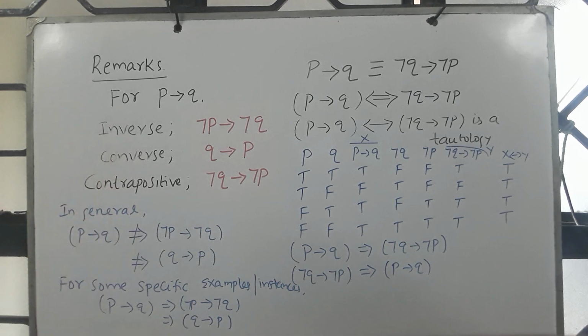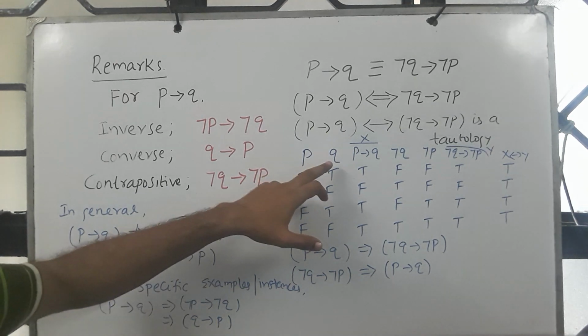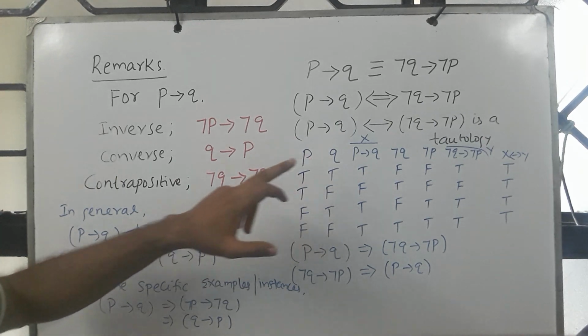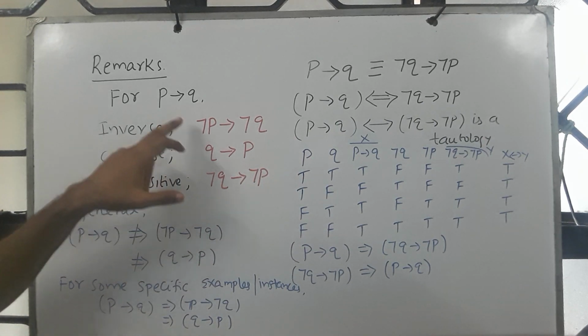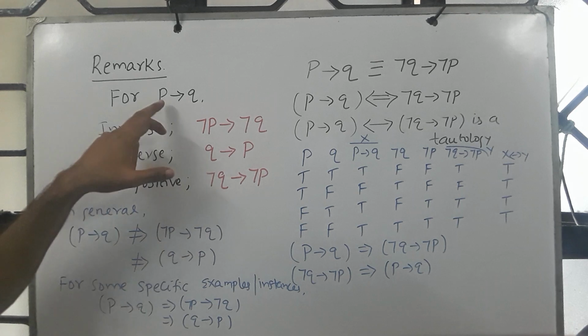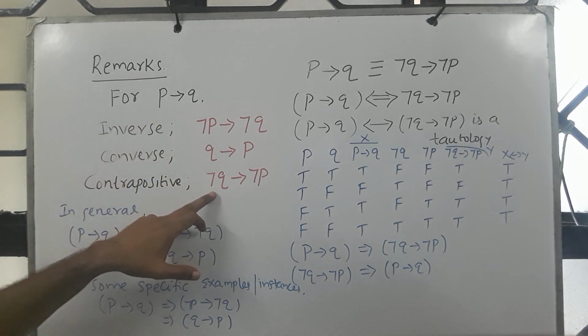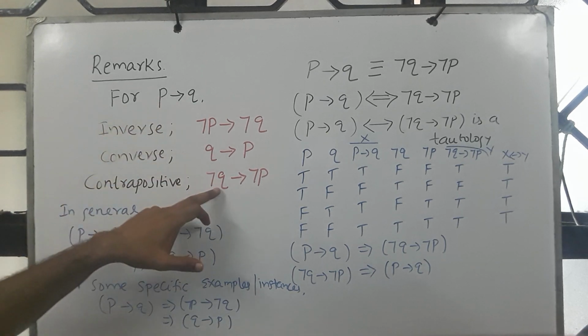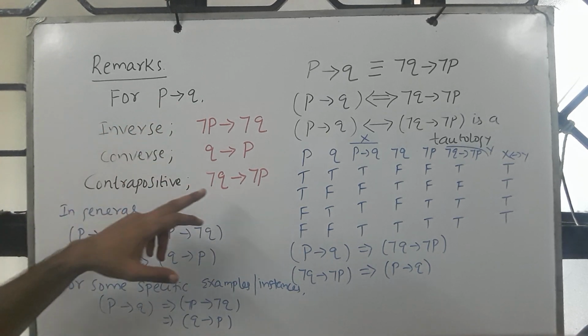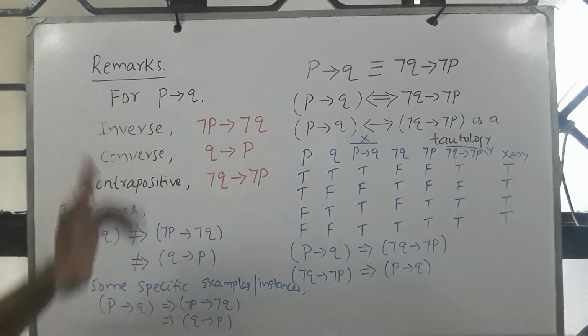One can do it for specific examples, instances, but not in general. Which means if P and Q are arbitrary, can I always say inverse follows from this and converse follows from this? Answer is no. Whereas contrapositive, for any P and Q, P imply Q implies this, and they are equivalent, so contrapositive also implies P imply Q.